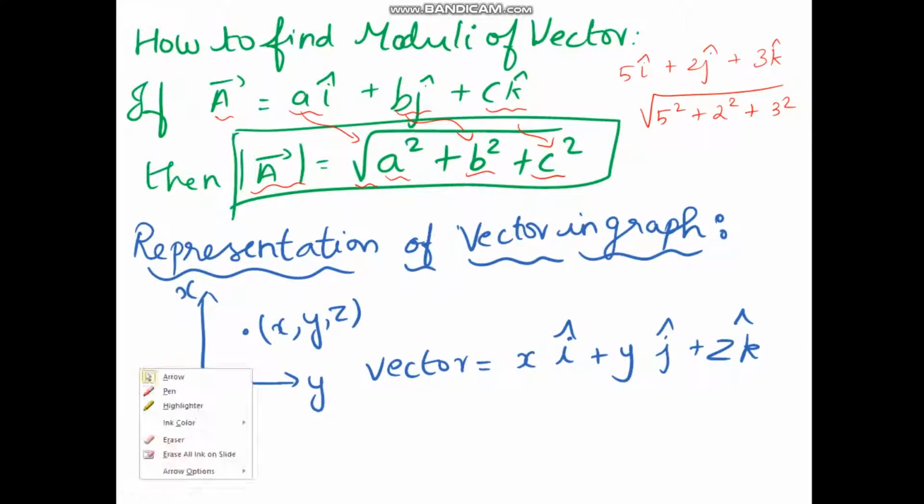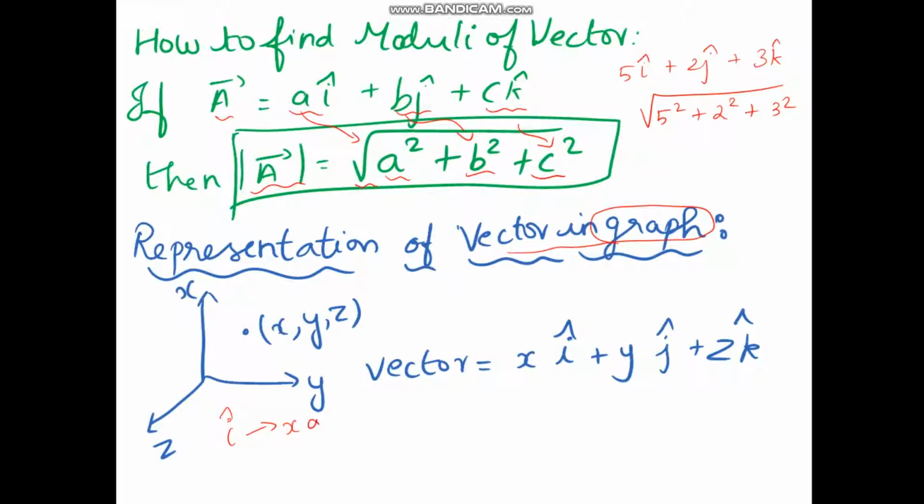Next is the representation of vector in graph. I have said that the i component is used to represent the point along the x-axis, and j is used to represent the point along the y-axis, and k cap is used to represent the coordinates along the z-axis.